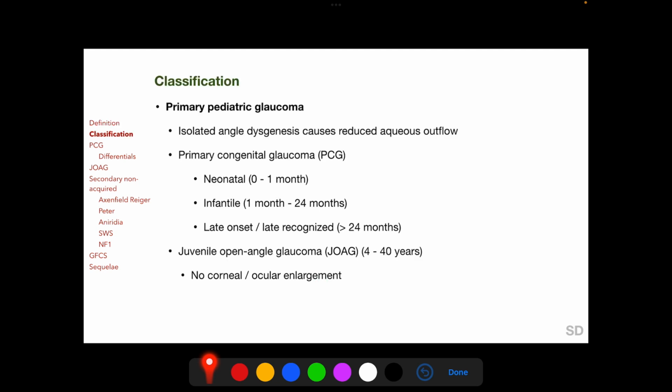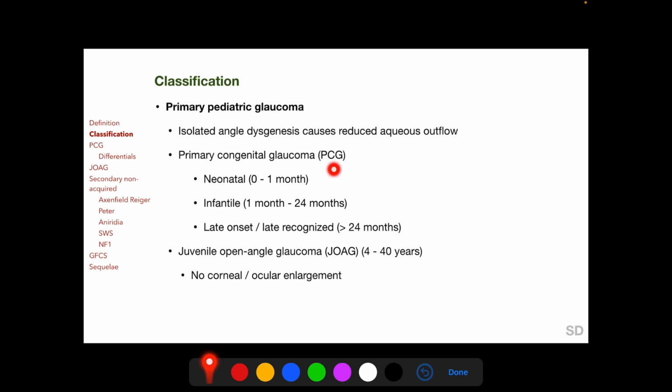Pediatric glaucomas are classified as primary or secondary, and in primary pediatric glaucoma there is an isolated developmental defect in the anterior chamber angle which causes reduced aqueous outflow in the absence of any ocular or systemic comorbidity. There are only 2 entities included within primary pediatric glaucoma: primary congenital glaucoma or PCG and juvenile open-angle glaucoma or JOAG.